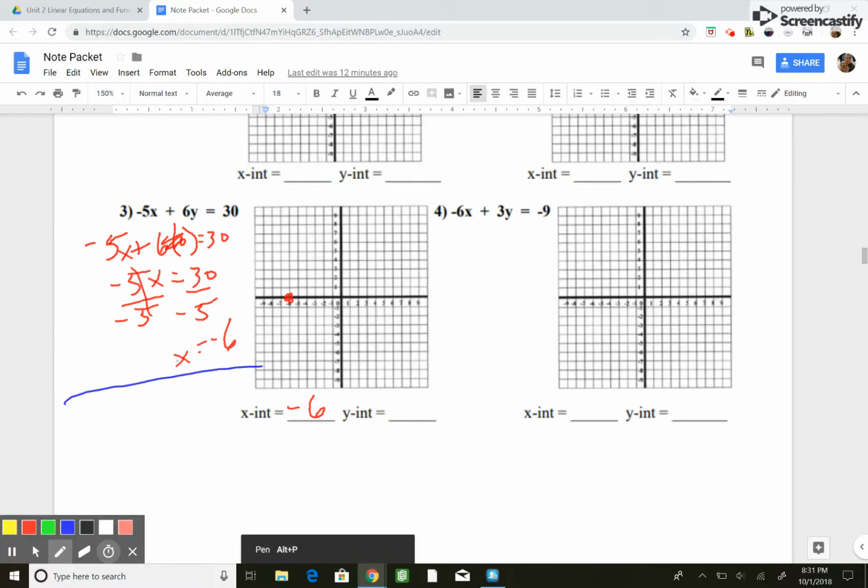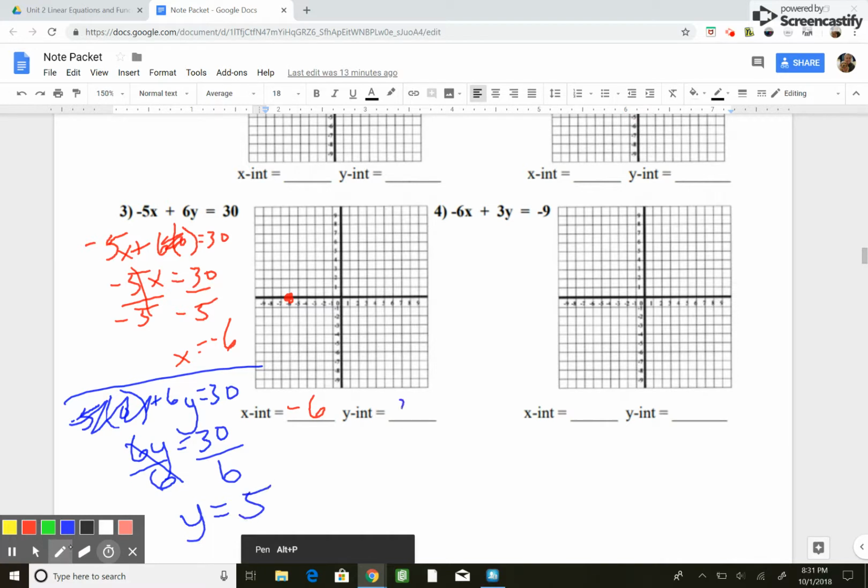Then I'm going to plug 0 in for x, so negative 5 times 0 is 0. Divide by 6. Y equals 5. So I'm going to go up to 5 on my y-axis and connect my dots.